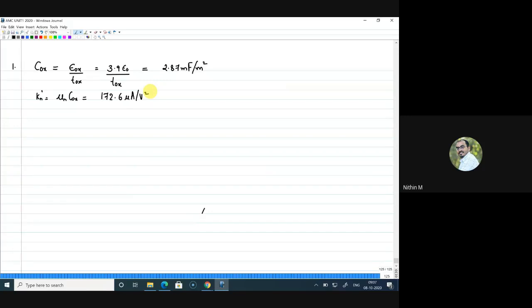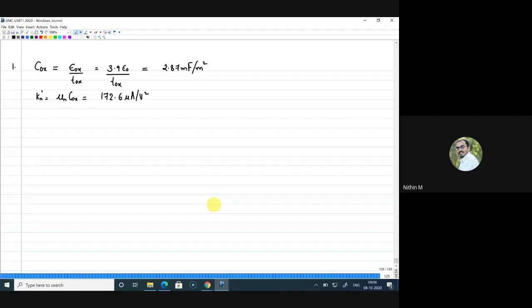Yes, very good. Huma, Kirtana, Manikandan, Nishant, Naman, yes, 172.6. So check for the units, and you can write it in terms of milli or micro. That is not a problem. That is Kn dash. I have just given the formula here.